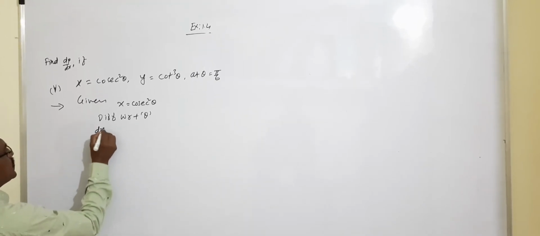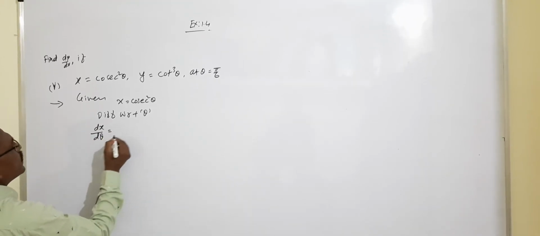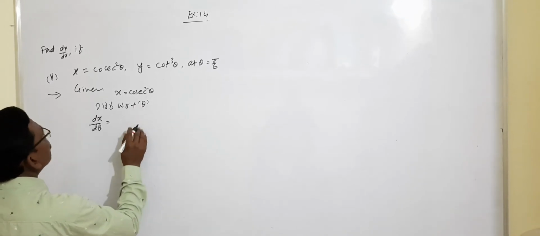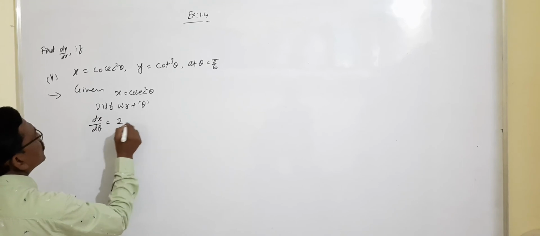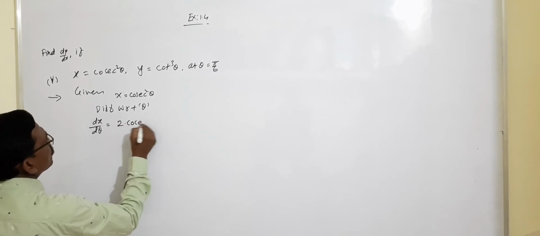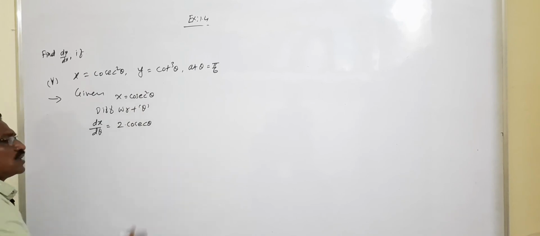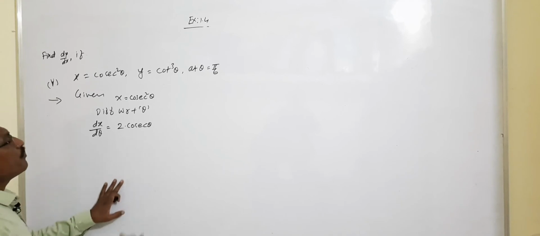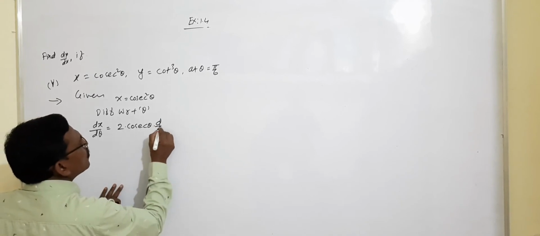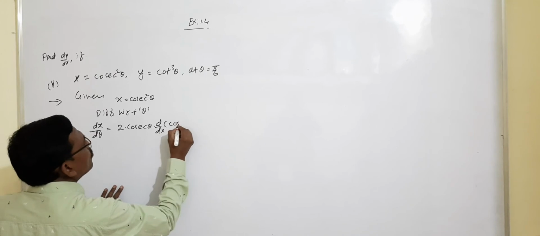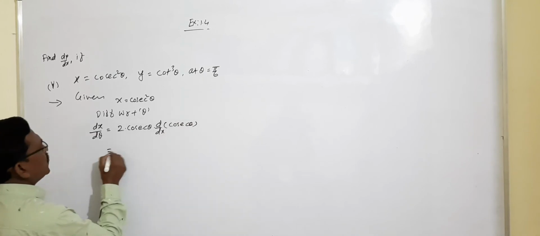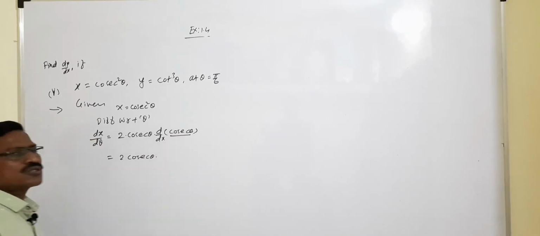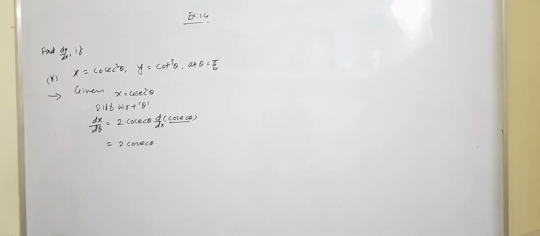So derivative of x with respect to theta is dx by d theta, and derivative of cosec square theta is 2 into cosec theta raised to 2 minus 1, by the derivative of x raised to n formula. That's why 2 into cosec theta into, by chain rule, again the derivative of cosec theta.